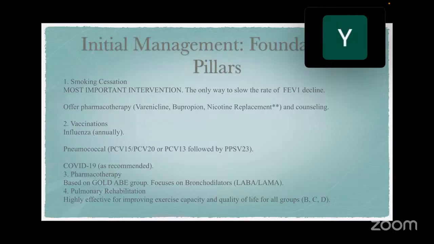Pharmacotherapy is also guided by the ABCD group, or as I corrected, the ABE group, and mainly focuses on bronchodilators, LABA and LAMA. We also have pulmonary rehabilitation. This is the cornerstone of non-pharmacological treatment, and offers significant benefits in quality of life and exercise tolerance.